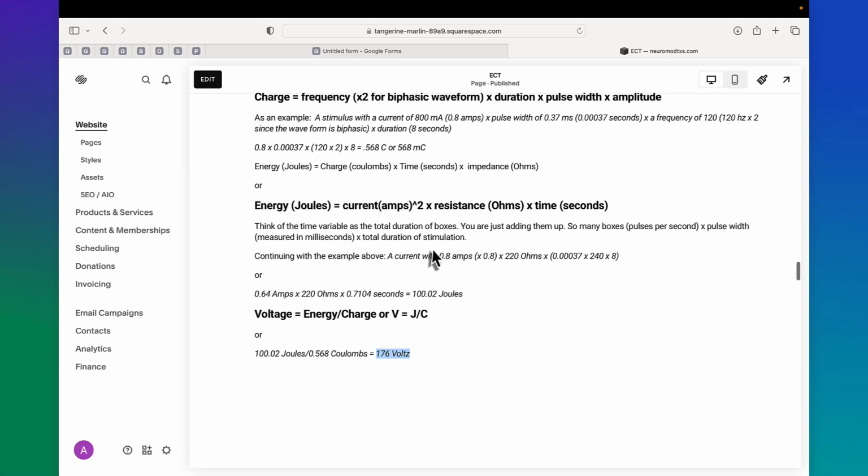And continuing with the example above, if you have 0.8 amps, again squared, times 220 ohms, times 0.00037 seconds, times 240, that's again the 120 times 2 because it's biphasic, times 8, which is the duration, you get 100.02 joules. So maxed out, going to be approximately 100 joules.